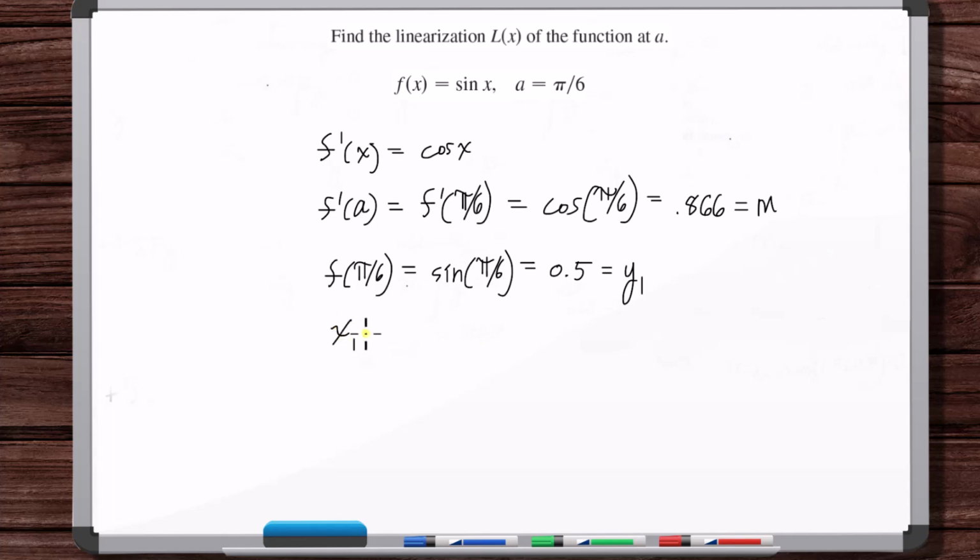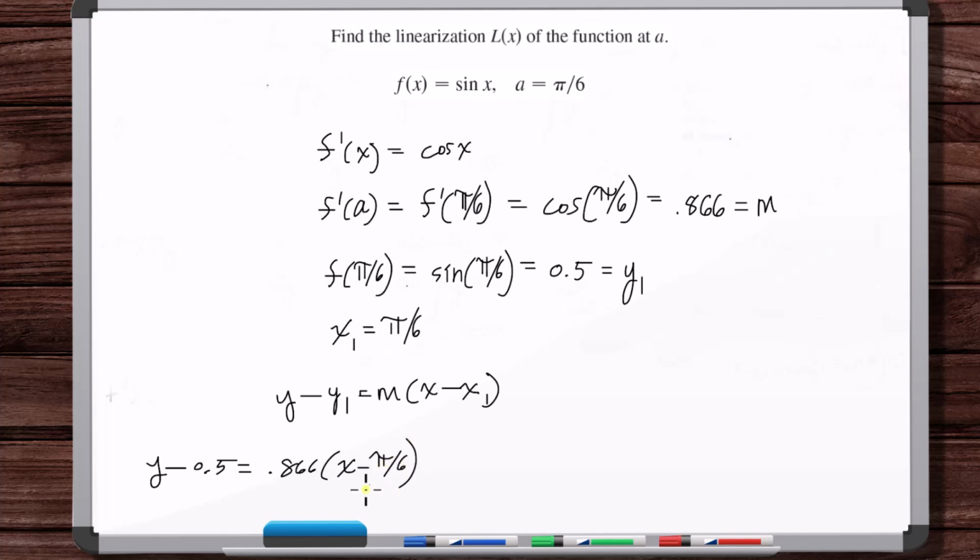And what is x1? It's pi over 6. The point-slope form is y minus y1 is equal to m times x minus x1. Well, we have our point x1 and y1, and we have our m, 0.866. So y minus y1 is equal to m times x minus pi over 6.